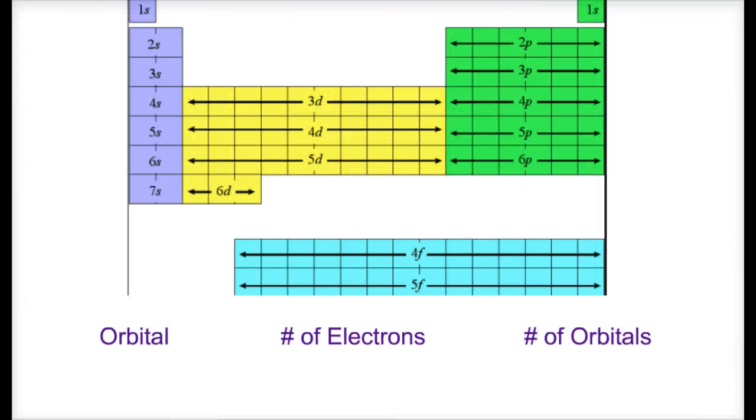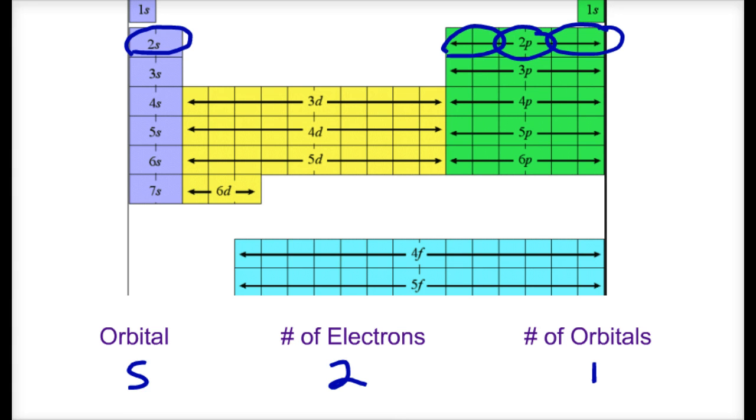Now, looking at this periodic table, you'll notice that for s orbitals, there are actually 2 electrons, but there's only 1 orbital in each energy level. Because you'll learn a little bit later that each orbital holds 2 electrons. In the p's, there's 2, 4, 6 electrons, or 3 orbitals.